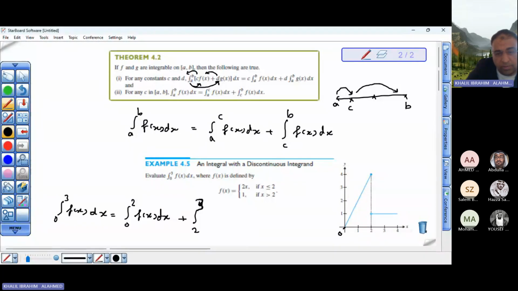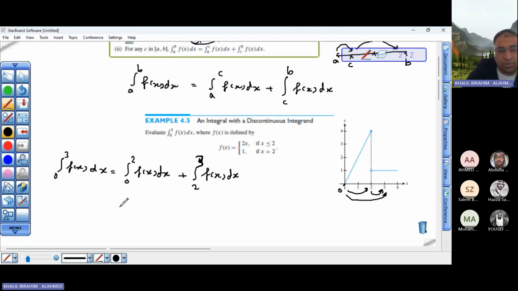Be careful about this. From here to here, then from 2 to 3. We cannot do the integration from 0 to 3 directly. Step 1 from 0 to 2, then from 2 to 3, as you see in the graph of f of x dx. Good.